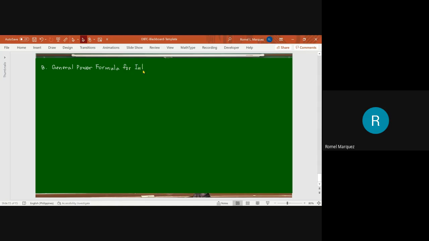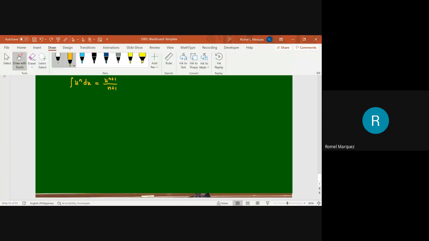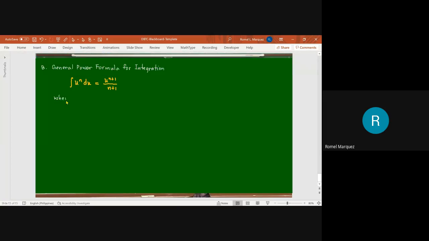So the general power formula takes the following form. The integral of u to the n du is equal to u to the n plus 1 all over n plus 1, where u is a function of x and we assume that it is differentiable, and n is not equal to -1. n can be any real constant as long as it is not equal to -1.